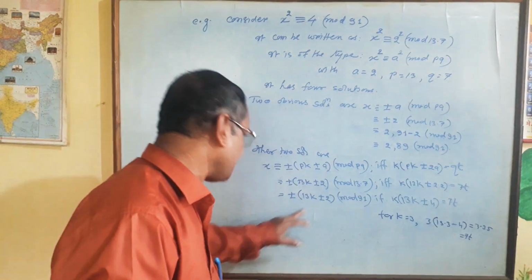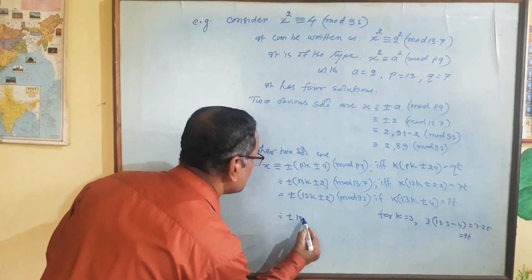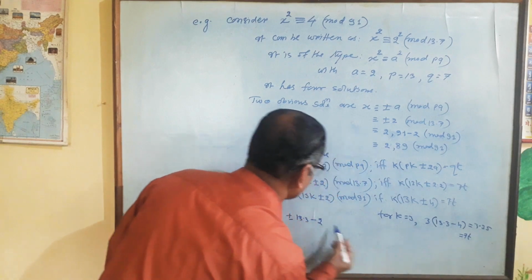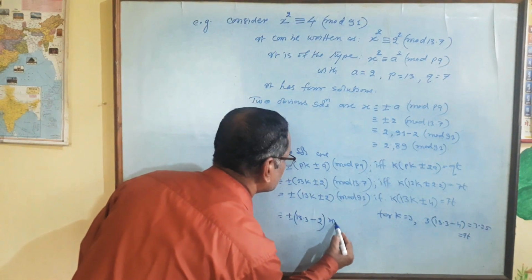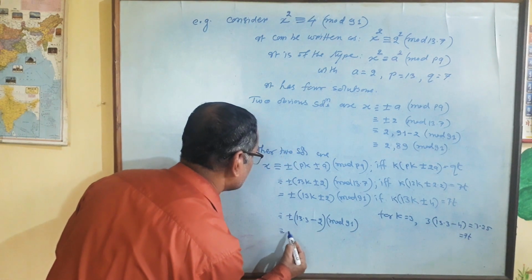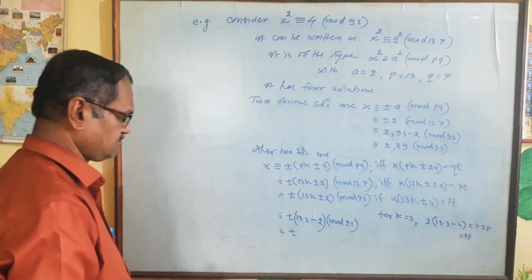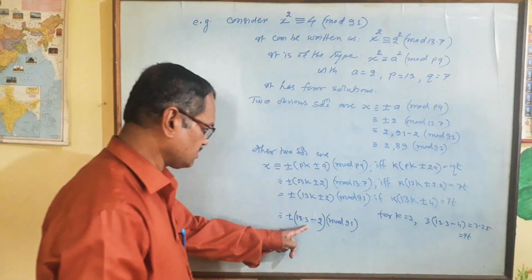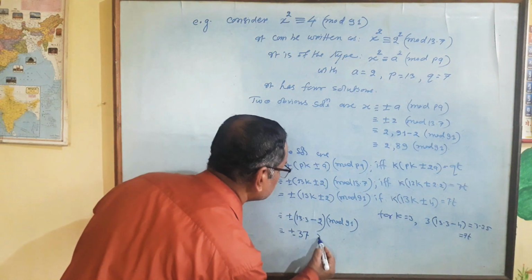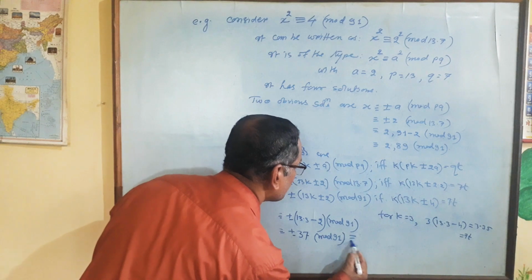For that value of k, we obtain the solution, that is plus minus 13 into 3 minus 2, because we have minus sign here, mod 91, that is plus minus 39 minus 2, which is 37, mod 91.